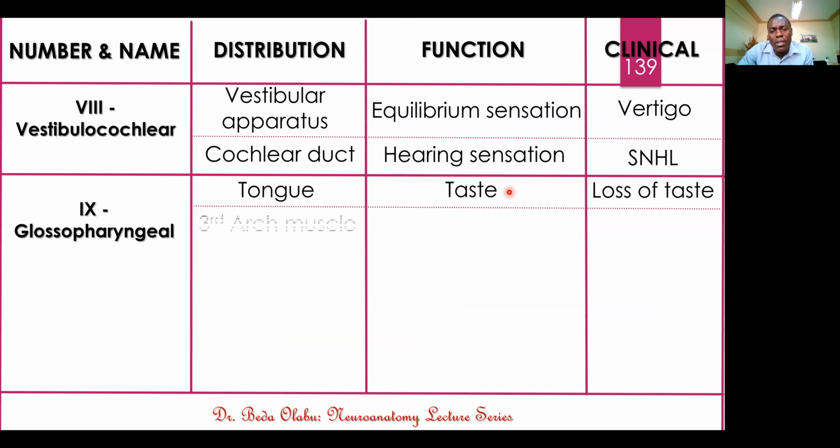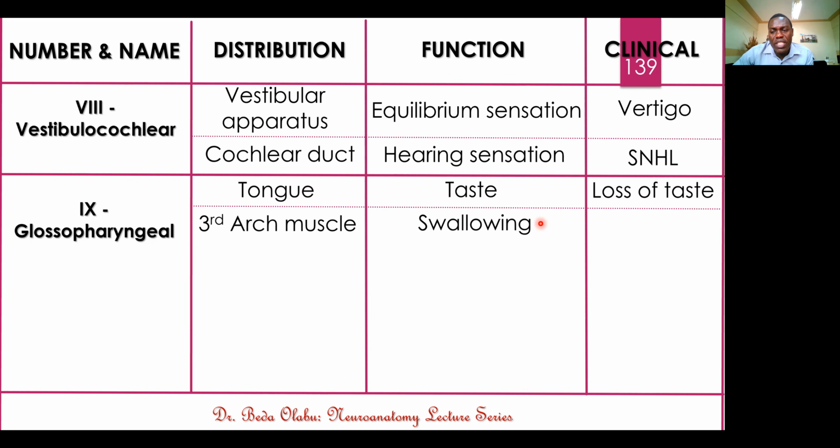Glossopharyngeal nerve also supplies the 3rd pharyngeal arc muscles. The third pharyngeal arc muscle is only one, and that muscle is important in swallowing. I have avoided giving you the name of the muscle because you might still forget, and it's not a big deal. It's important for swallowing.